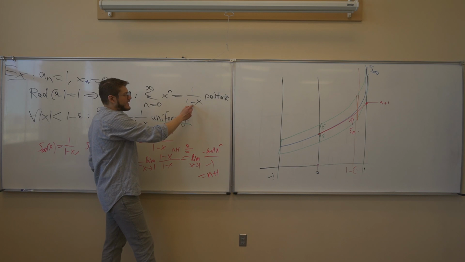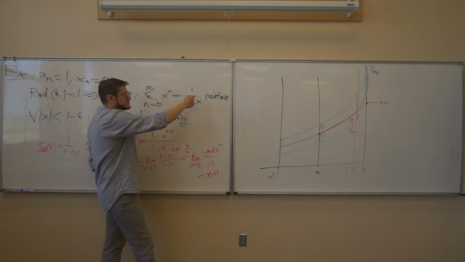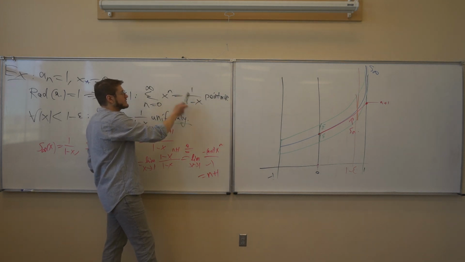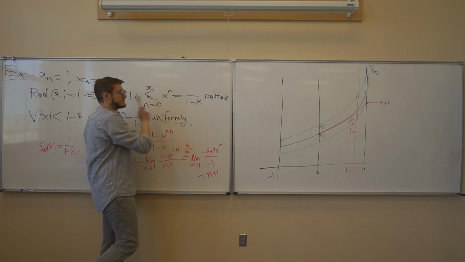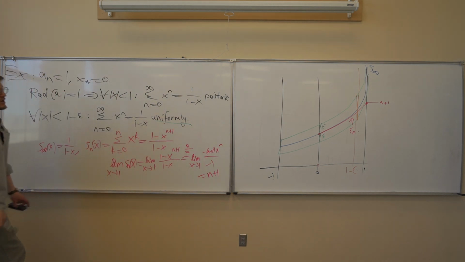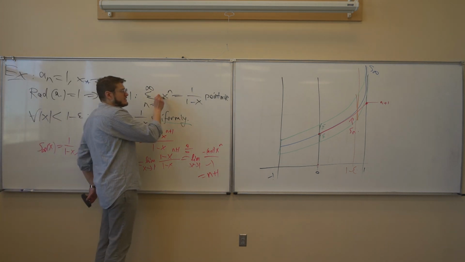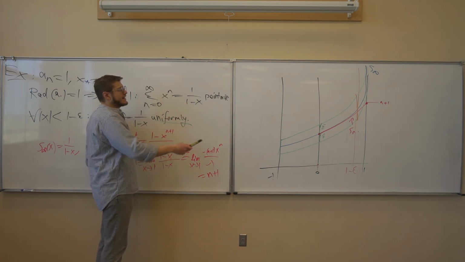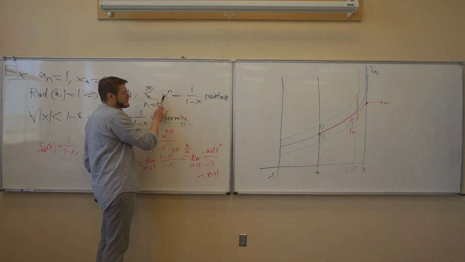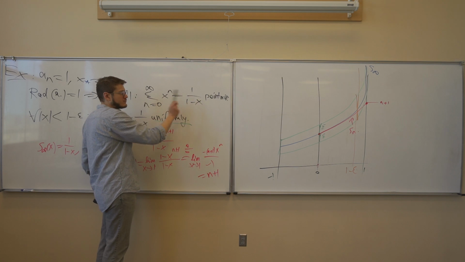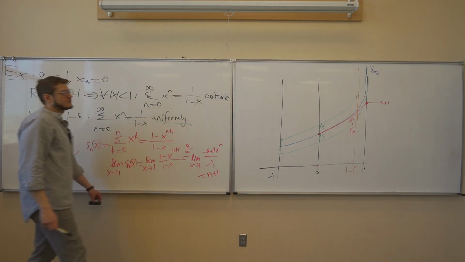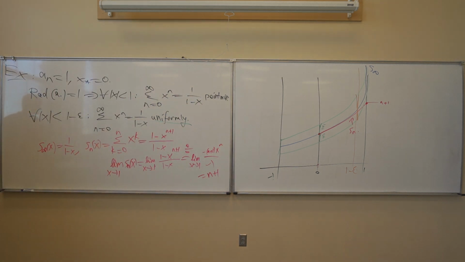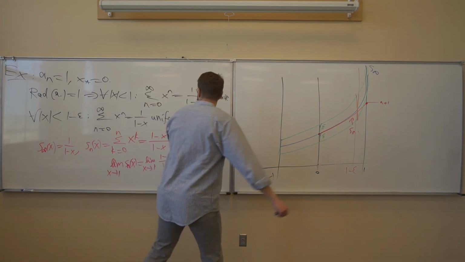I would like to be able to say that instead of differentiating this function, insofar as I can analyze it as a series that converges, I should be able to differentiate this series term by term to get the derivative of this. And likewise, I should be able to integrate these terms to get the integral of this. And that indeed happens to be the case. Okay? That's the next thing we need.